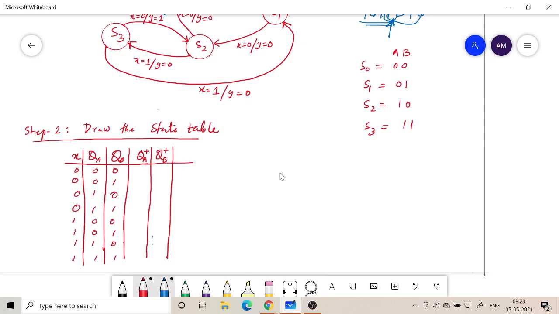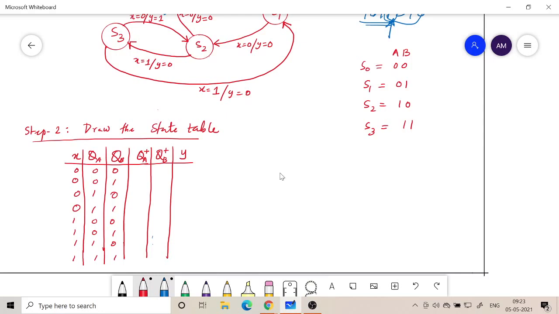I have an output also, which depends upon the X and the previous state, and that I will call Y as before. So how does the state change?